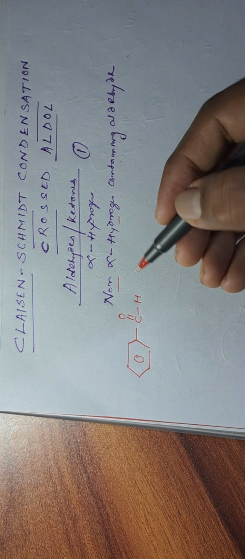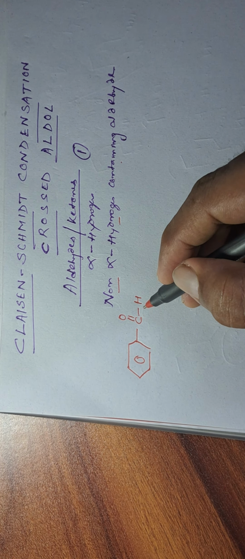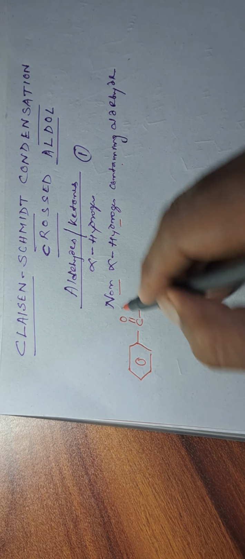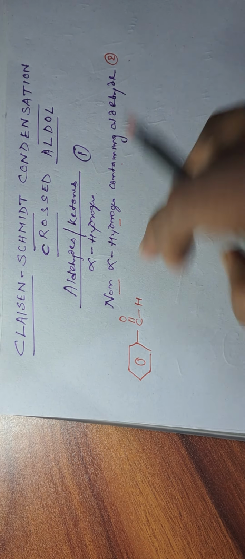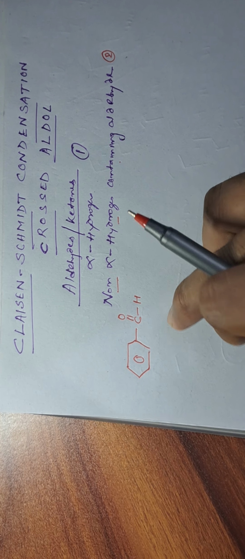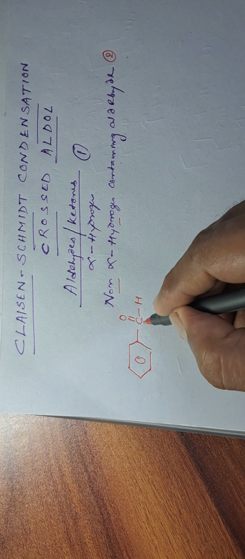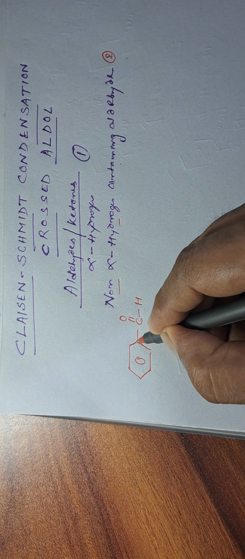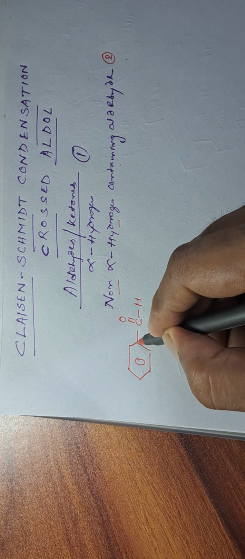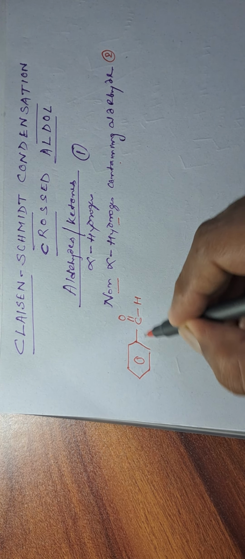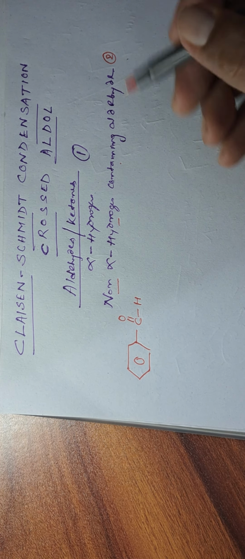Without a doubt, this is the one in which no alpha hydrogen is traceable, right? This is one of the requirements, right? This is the one in which no alpha hydrogen is there, because if I just see the next carbon is not having any alpha hydrogen, not even a single hydrogen is there. That is why we can say this is an example of non-alpha hydrogen containing aldehyde, right?